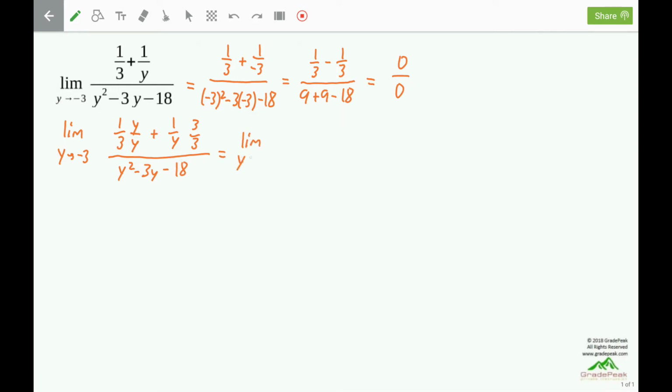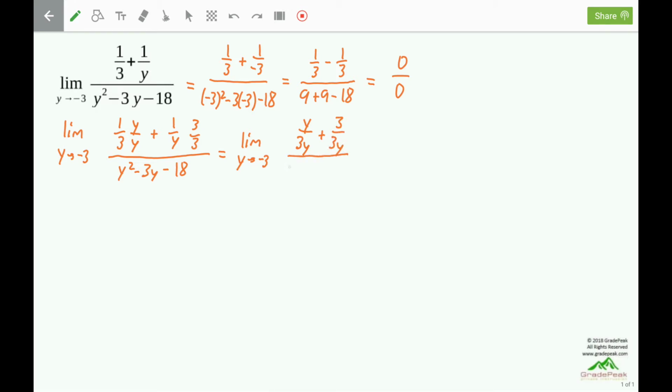So this will equal limit as y goes to negative 3 of, multiplying the numerators, 1 times y is y, over multiply the denominators, 3 times y is 3y, y over 3y, plus 1 times 3 is 3 over y times 3 is 3y.